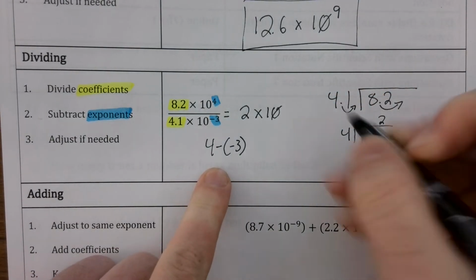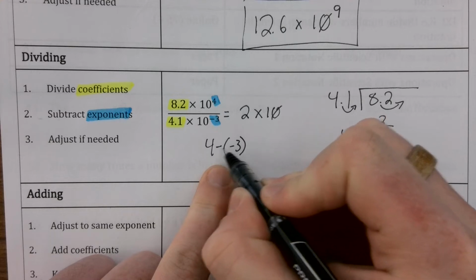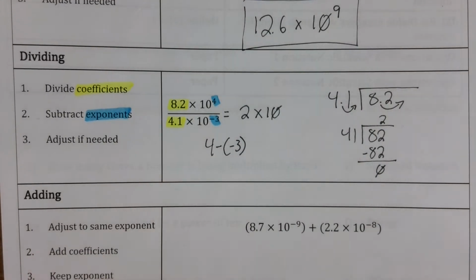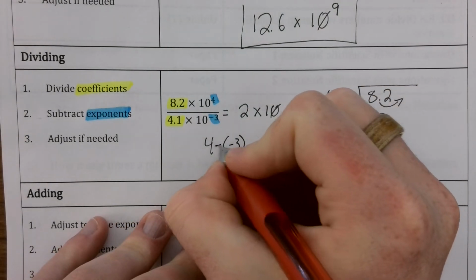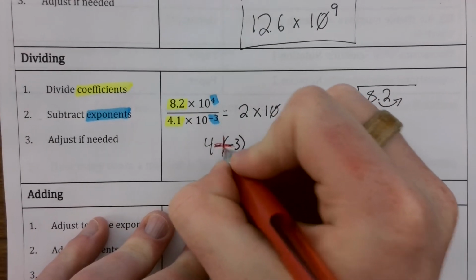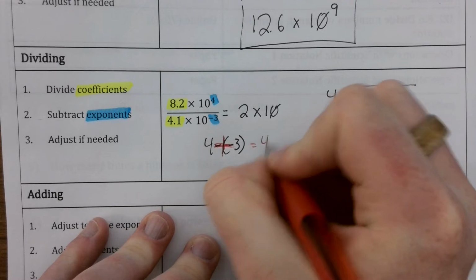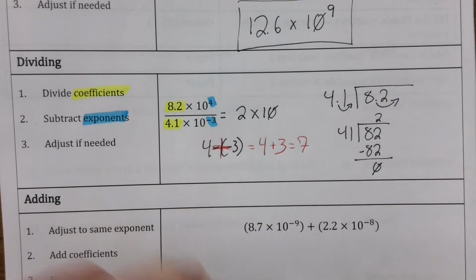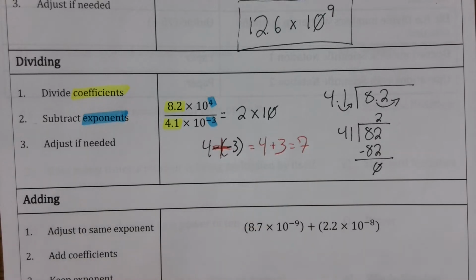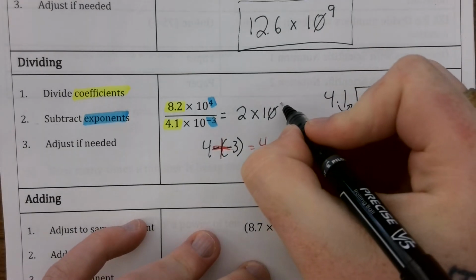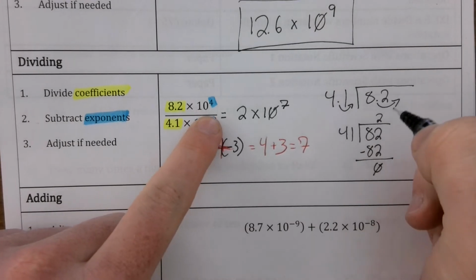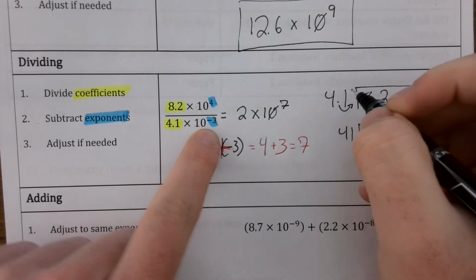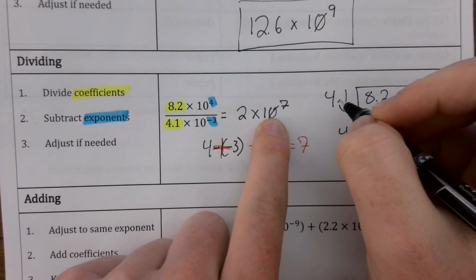If you remember from 7th grade, when we subtract a negative, we can turn it into a plus. So we end up with 4 plus 3, which is 7. So 8.2 times 10 to the 4th divided by 4.1 times 10 to the negative 3rd gives us 2 times 10 to the 7th power.